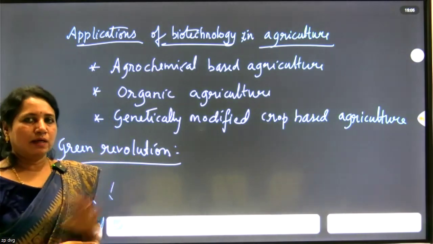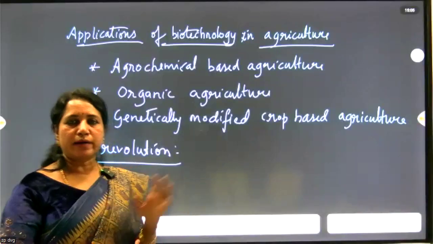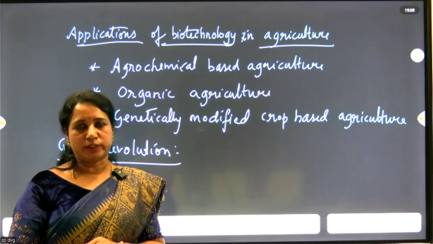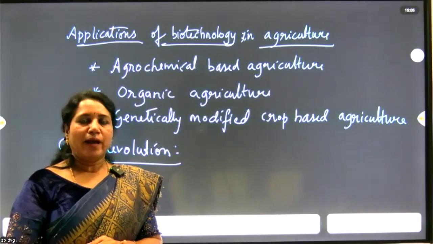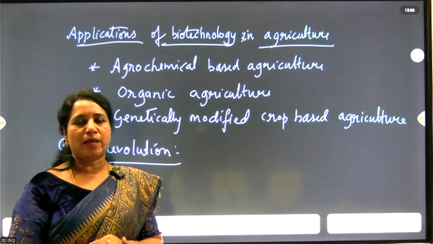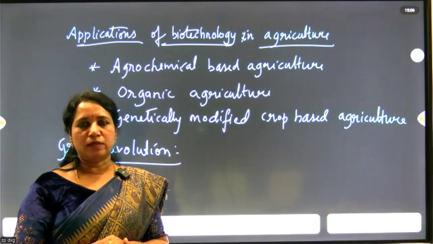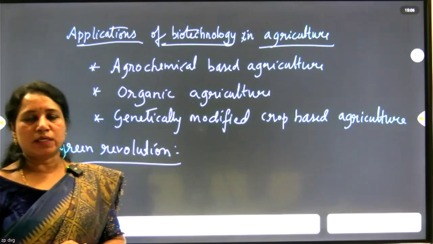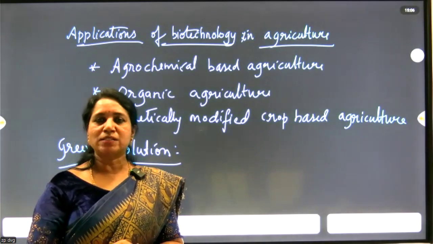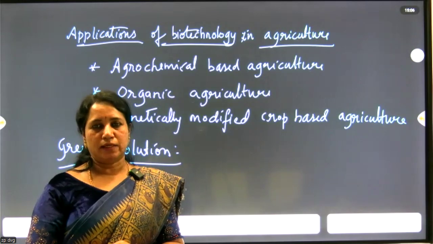He started the green revolution, where he mainly concentrated on wheat, paddy and other main grains. It was followed by Indians also. The Indian scientist M.S. Swaminathan also followed it and took training under Norman Borlaug. Norman Borlaug is the father of the international green revolution, whereas M.S. Swaminathan is the father of the Indian green revolution.